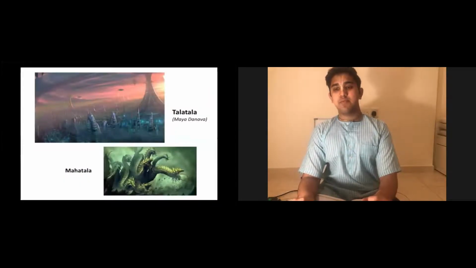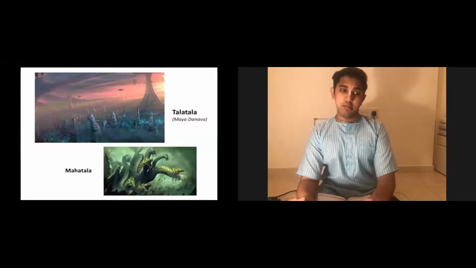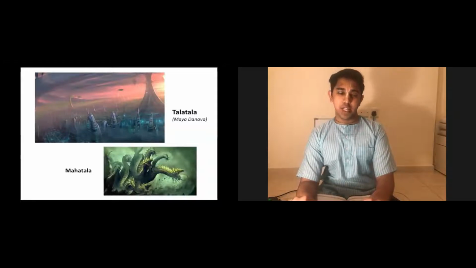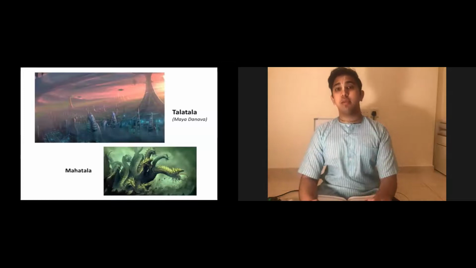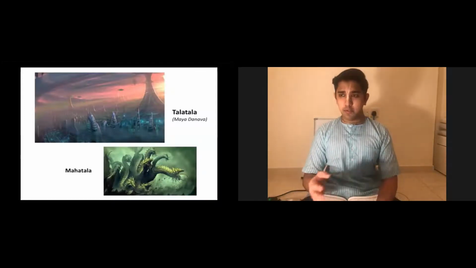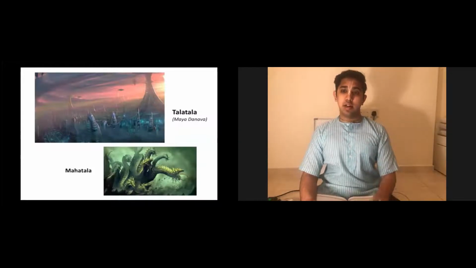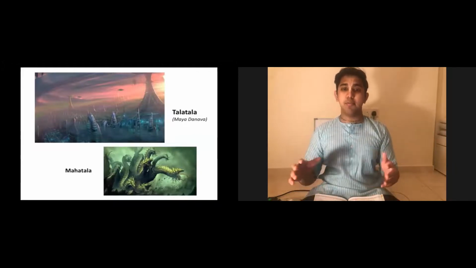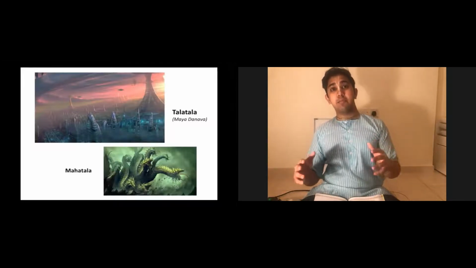Now in Talatala, there is the great architect Maya Danava. There are two great architects mentioned in the Vedic scriptures. One is Vishwakarma, who builds all these beautiful, incredible things for the demigods, or sometimes even for the demons. And then we have Maya Danava, an architect for the Danavas or the Daityas, and he builds all these incredible cities, palaces, aircrafts, spacecrafts.